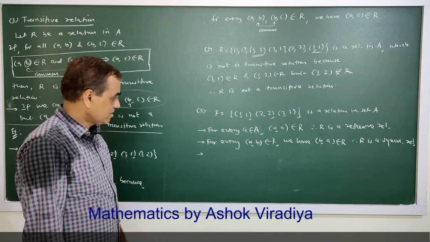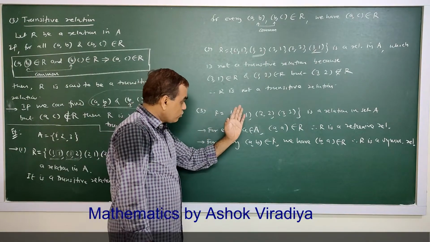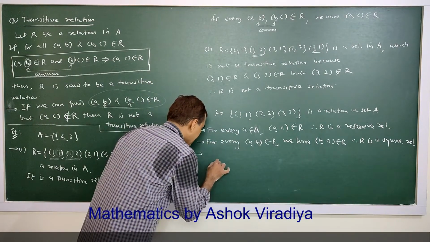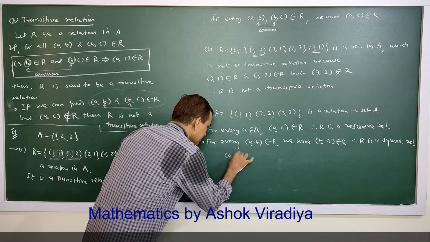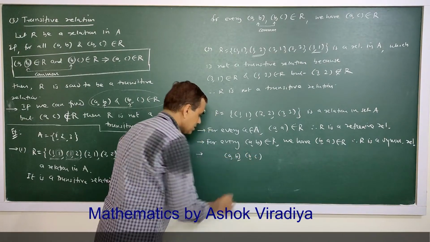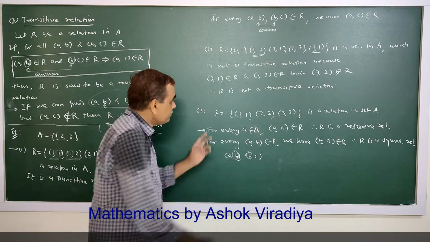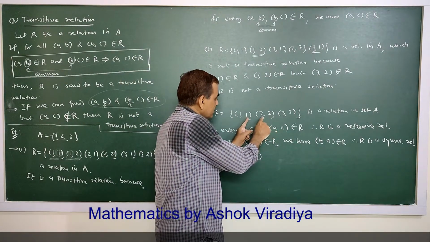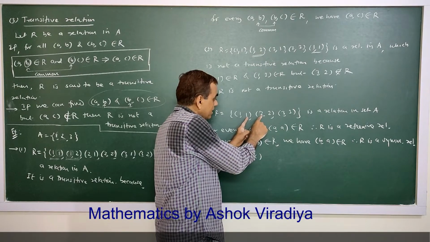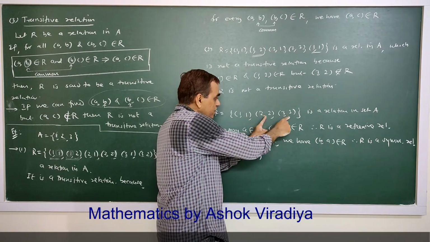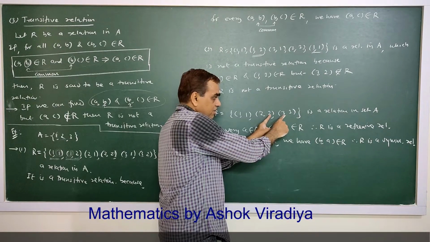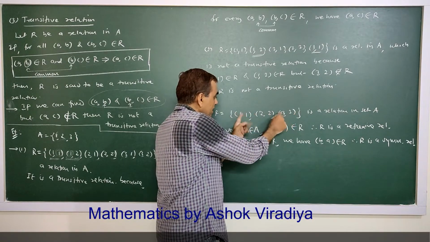So say here, find out such a pair of elements (a,b) and (b,c) in which b is in common. Say if you check these two, here these elements are not in common. If you check for these two, this element is not in common. If you check for these two, this element is not in common.